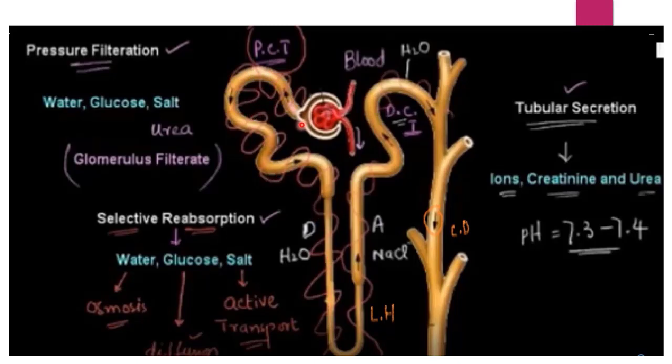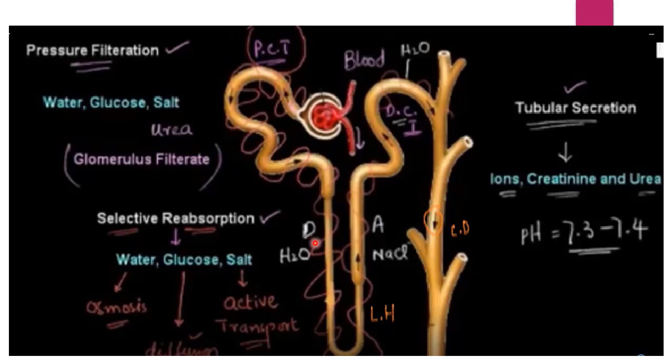As you can see, there is a network of capillaries around the proximal tubule and all this renal tubule. And these capillaries are responsible for the selective reabsorption. The loop of Henle consists of two important limbs, the descending limb and the ascending limb of the loop of Henle.